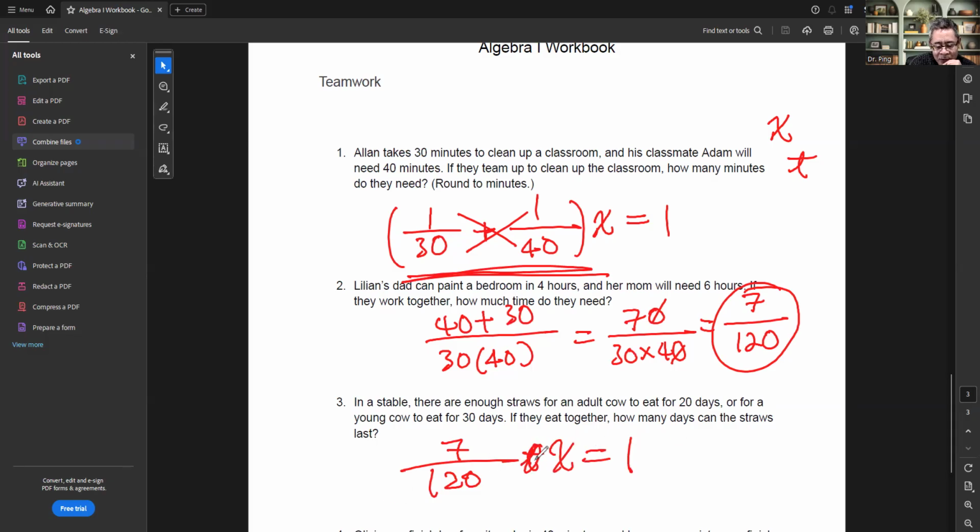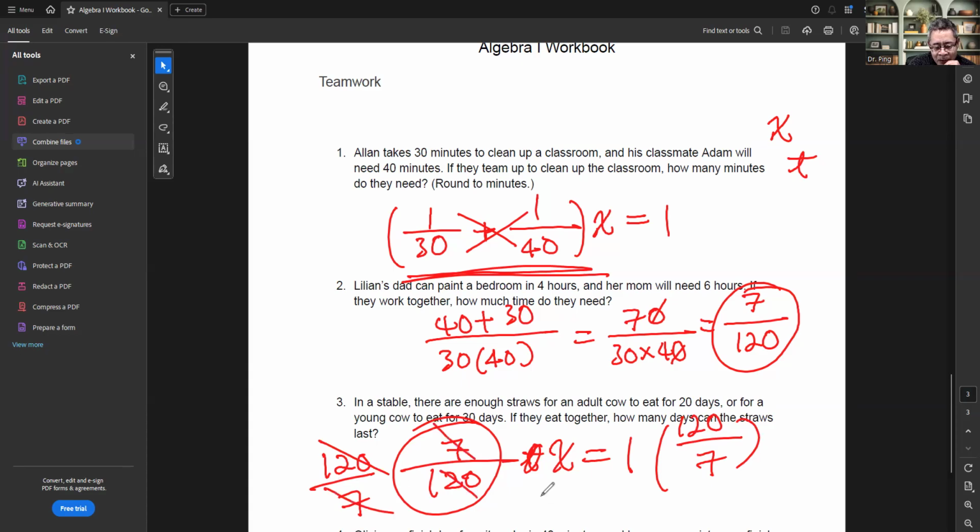Now to solve this, we just multiply by the reciprocal of this number, on both sides. And that cancels, we got x. 120 divided by 7, we got 17.14, so we just round it. So it's 17 minutes.